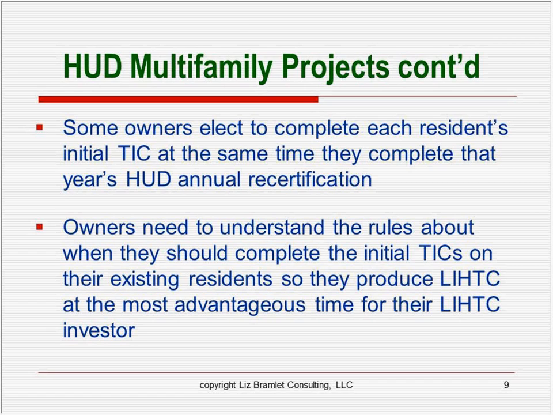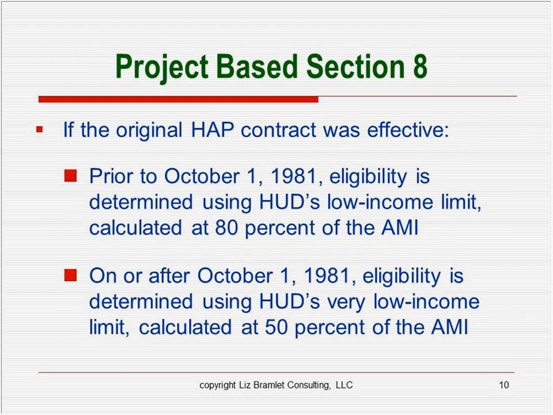Because you want them to start producing a credit stream for your investor that is as valuable as possible, so they will put the maximum amount of equity into your project. So you want to make sure that you understand those rules about when you should qualify your existing residents.